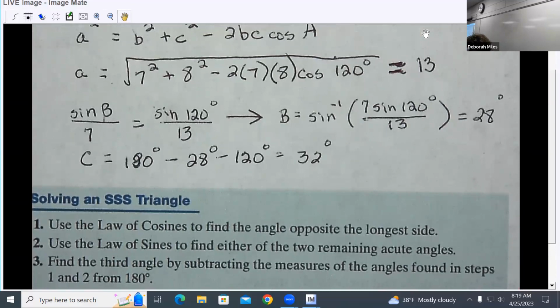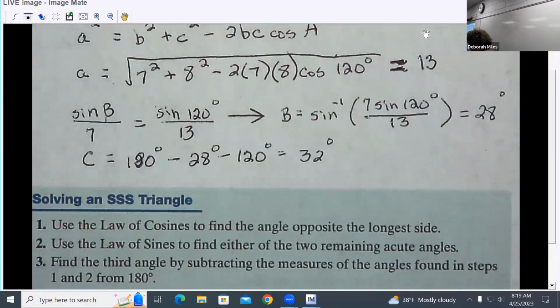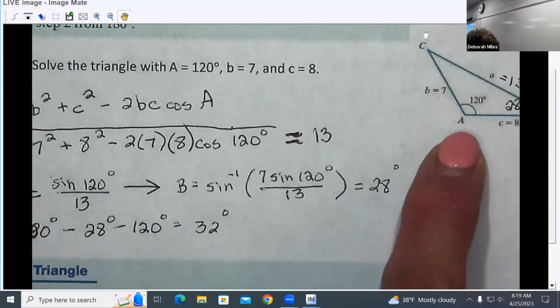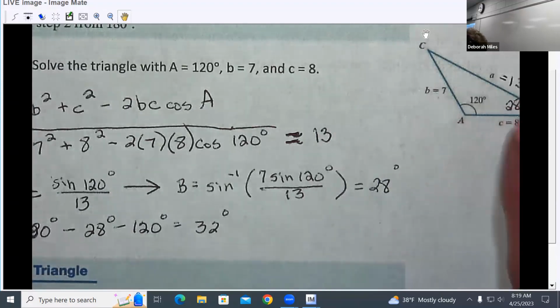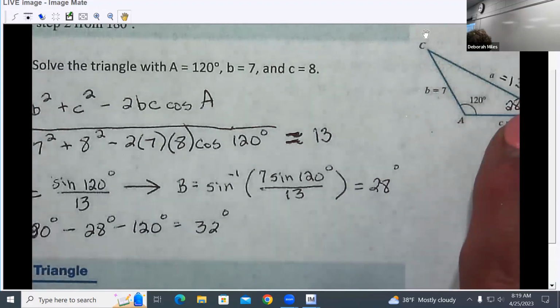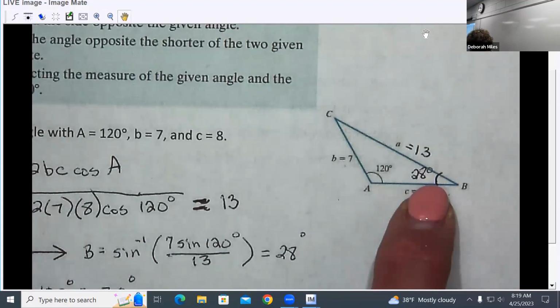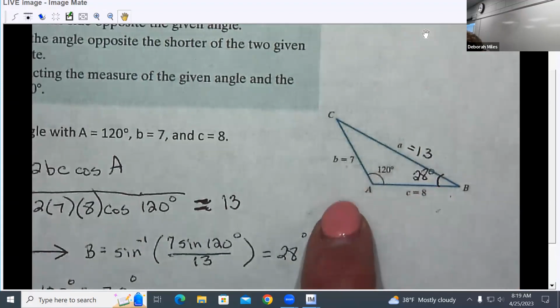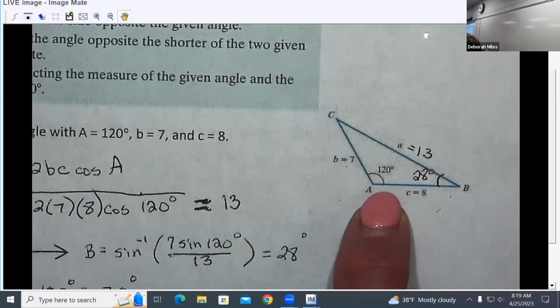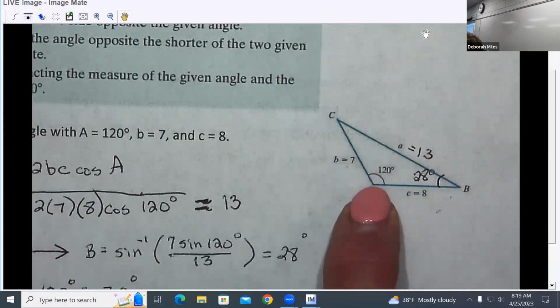Yes, ma'am. Okay, so if we start out using the law of cosines, you're never going to have an ambiguous case if you make a wise choice about what to find first with the law of sines. Because of this, if I had not found the angle opposite the shortest side, if I hadn't found angle B first... in this case, I already knew the biggest angle.